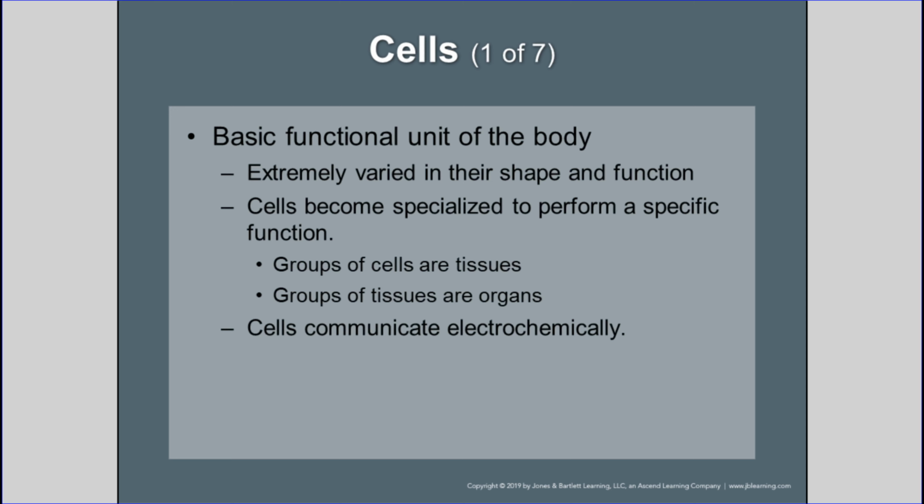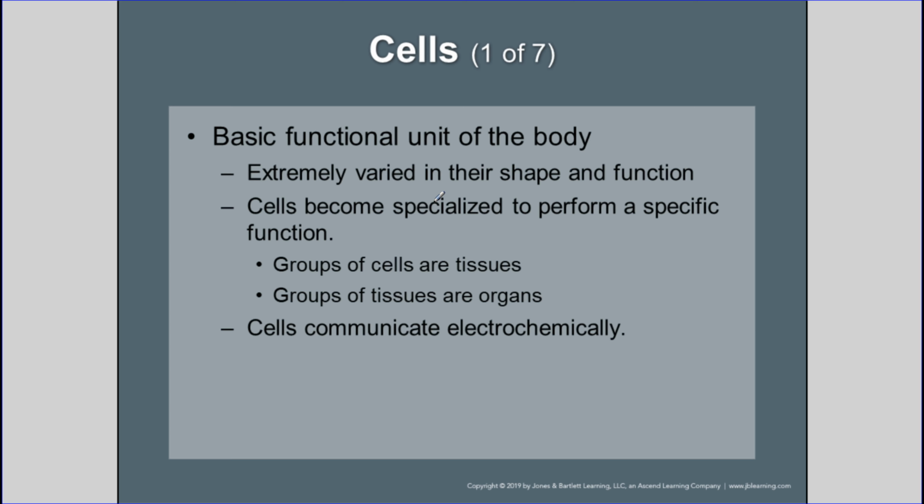So let's talk about the cell. We had mentioned it earlier. We know what cells lead to. They lead to tissue and to organs and organ systems, right? They do vary in their shape, and cells are very specific to the organ system that they are assigned to.